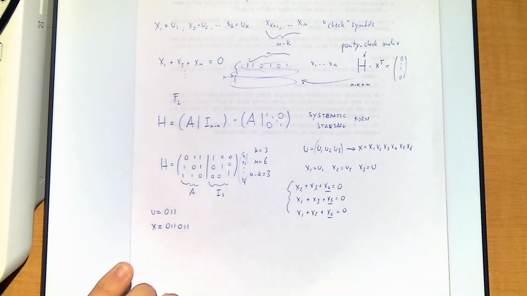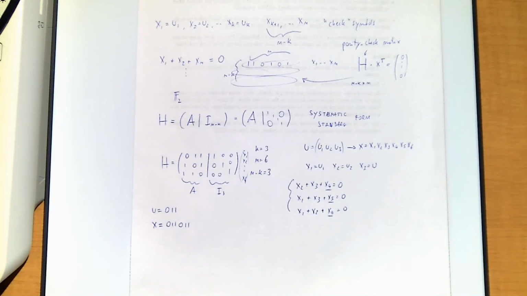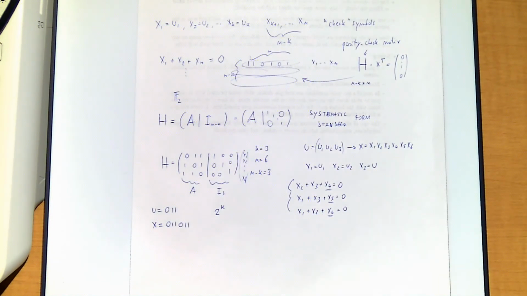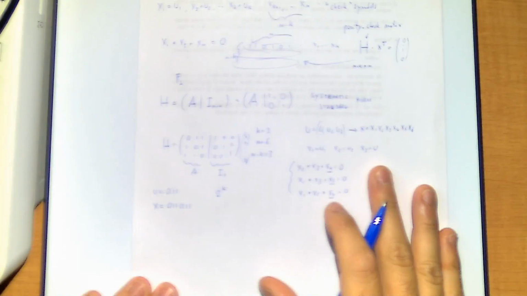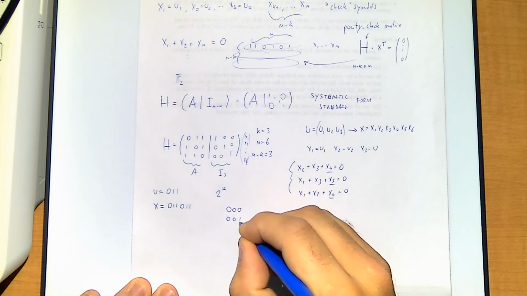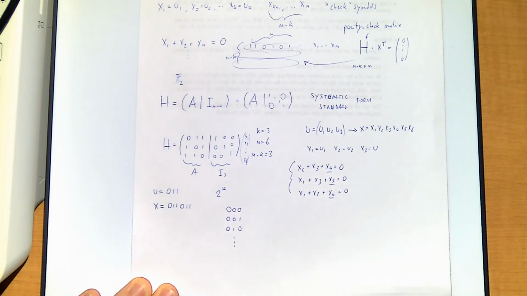And then I can do this, of course, for every possible message, right? What really matters is that the message is a string of length k. So in fact, I have 2 to the k possible messages, right? I have 0, 0, 0, 0, 0, 1, 1, 0, 0, and so on. All the binary words, right? So all my code words would be the encoding of 0, 0, 0, 0, 0, 1, 0, 1, 0, and so on.